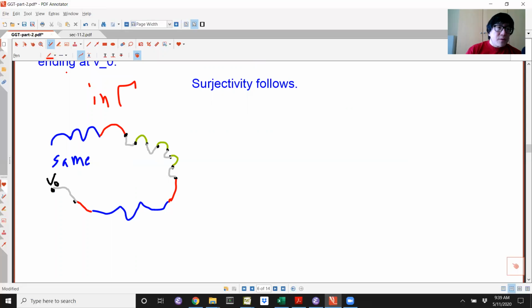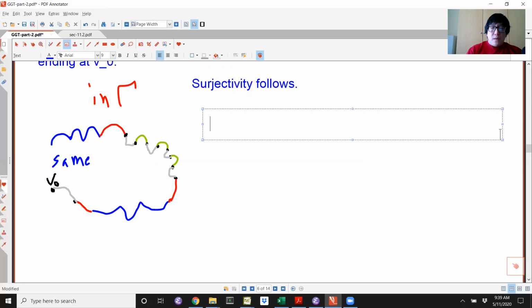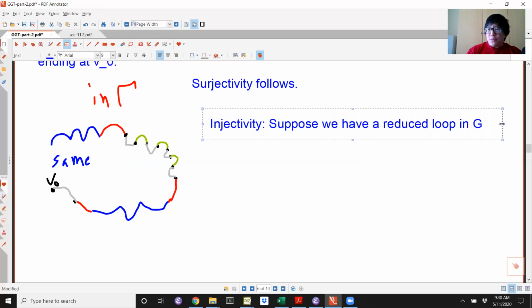So injectivity. Injectivity. Suppose we have a non-trivial. Well, I might go back later and put in the word non-trivial there. But suppose we have a reduced loop in gamma, possibly a trivial loop, possibly just the single point. So suppose we start off with a reduced loop in gamma.